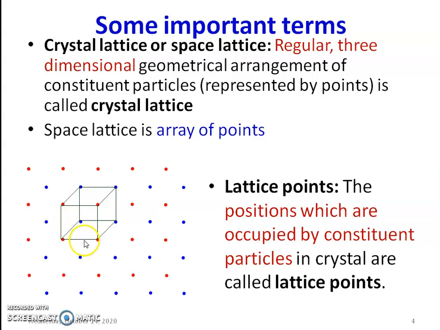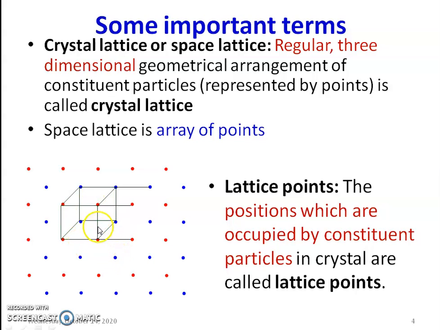This is very important. In practice, in a solid, such lines are not there, only there is an arrangement of atoms, ions or molecules. And when we imagine such lines, then there is a formation of one geometrical entity, a cube or any other structure, that is called a unit cell.